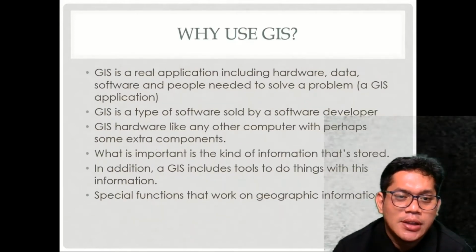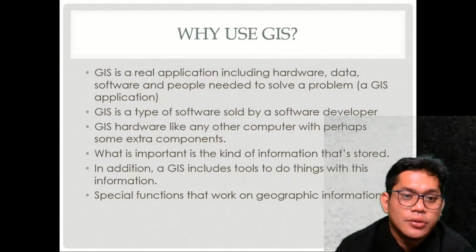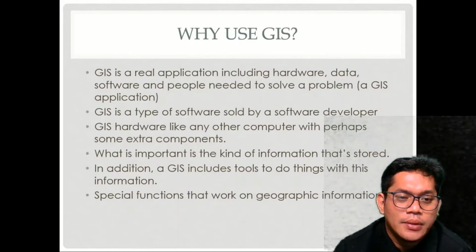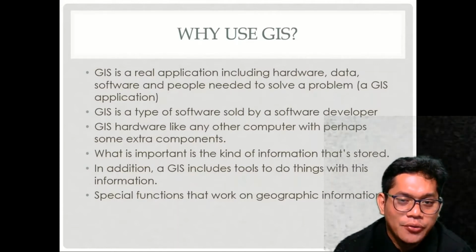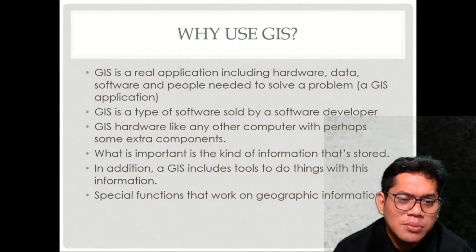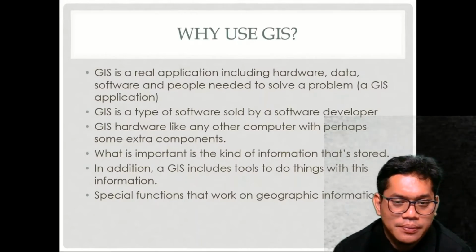So GIS is specifically a real application which includes the hardware, data, software, and people needed to solve a problem. GIS is a type of software basically, and hardware is a computer. But the most important thing is what kind of information is being stored inside the system.